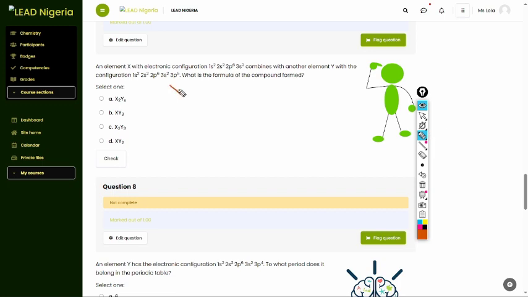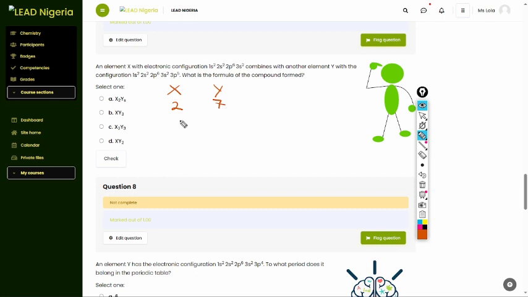For element X, the combining power or the valency of X can be gotten from the total number of electrons in the outermost shell. The outermost shell here is shell 3. So the total number of electrons under shell 3 is 2. Well, for Y, the highest shell we have here is shell 3. So the sum of all the electrons under shell 3 would be 2 plus 5, and that is 7.